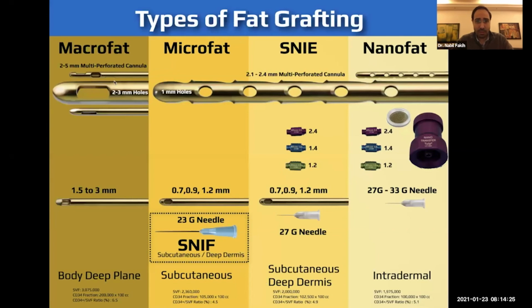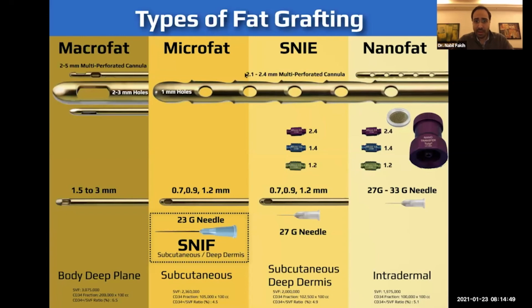In macrofat, we usually use cannulas with big holes, normally around 2 to 3 millimeter hole size. Whereas with microfat, SNIE and nanofat, whatever we want to prepare, we first start using this cannula. I prefer the Tonnard one, which has spikes and a 1 millimeter hole.